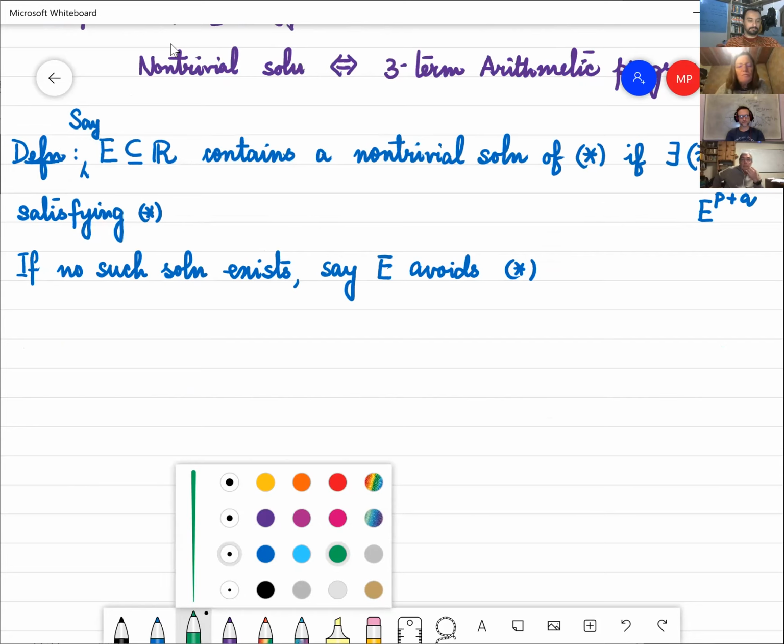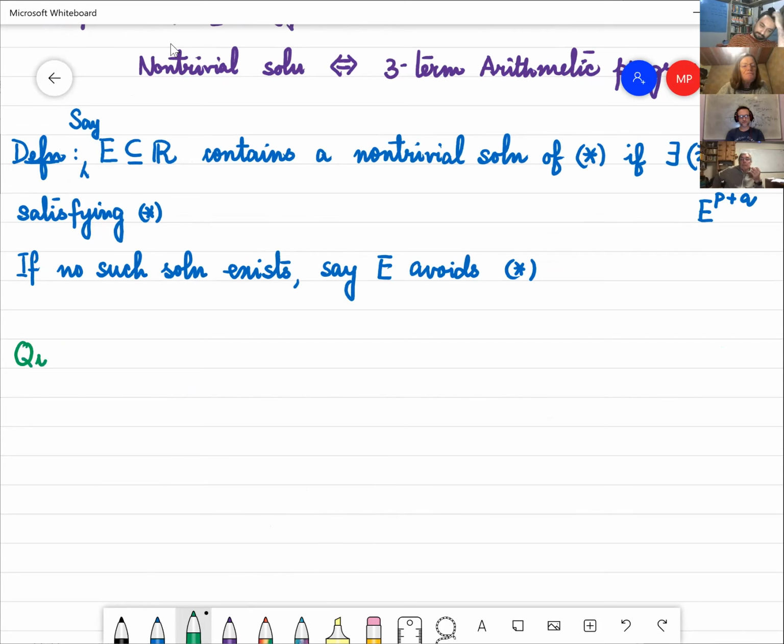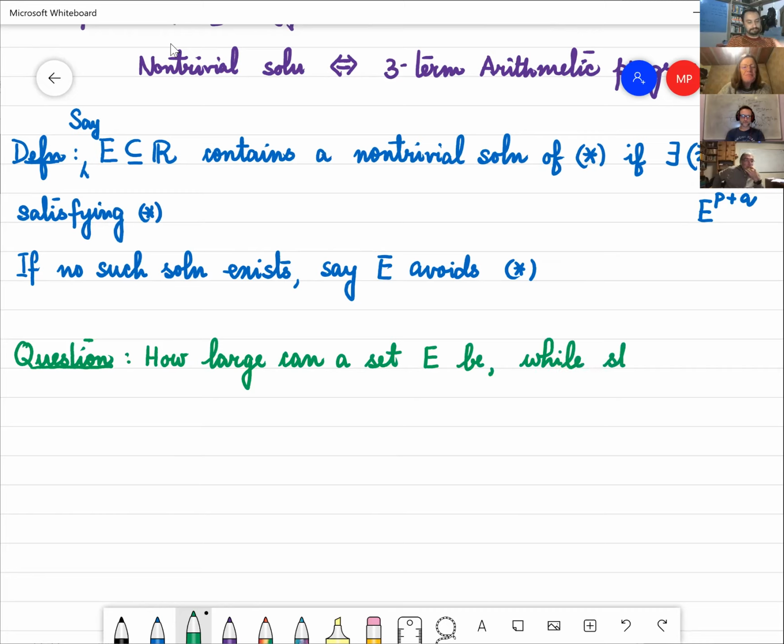All right. So with that in mind, I'm going to pose the following question, which has been studied quite a lot. How large can a set E be while still avoiding an equation of the form star?